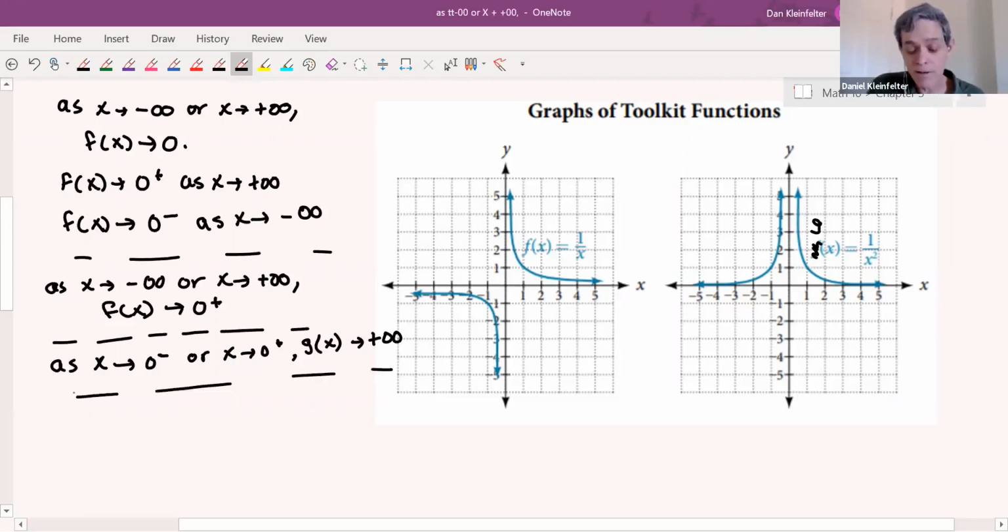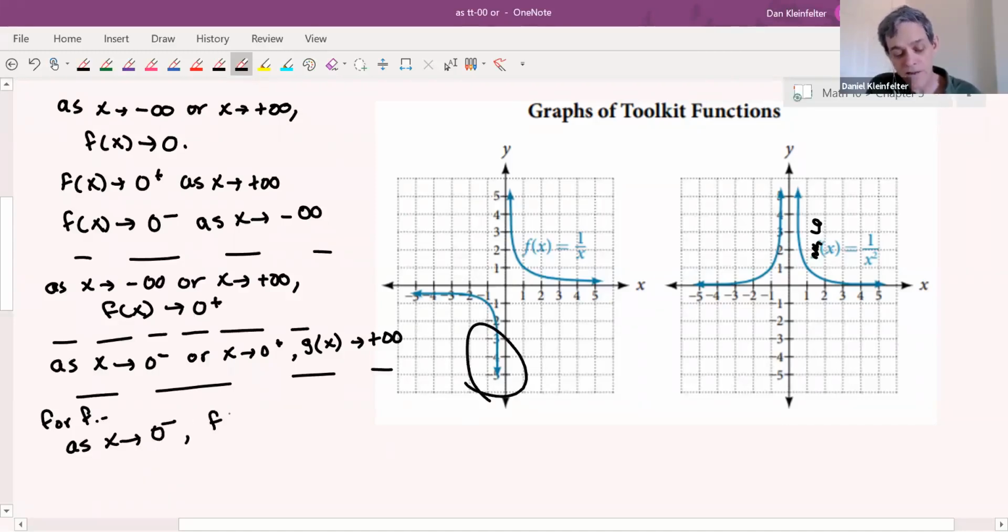For f, though, it's approaching two different infinities. So for f, what can we say? As x approaches 0 from the left side, we're talking about the circled part of the graph now, f of x will approach negative infinity.